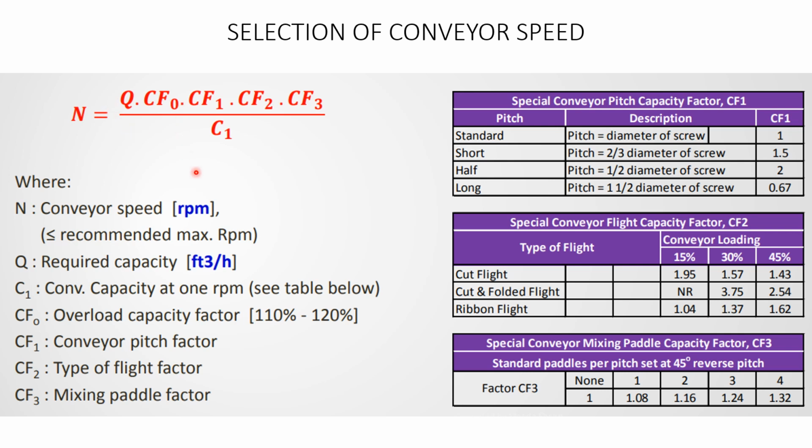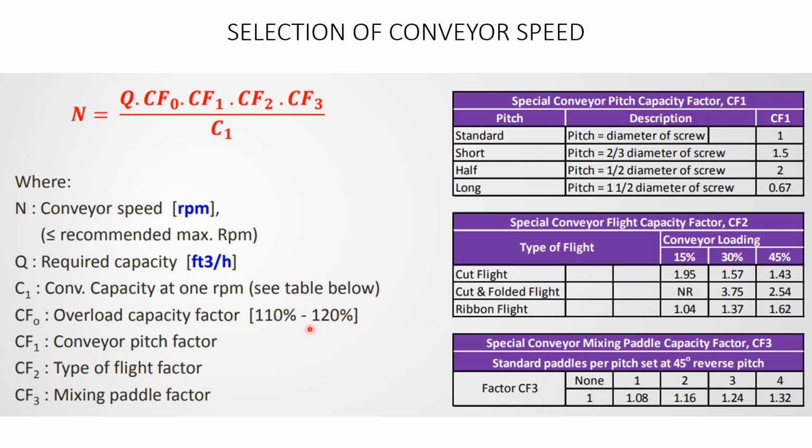So CF0 is a design factor. Whenever we are designing a conveyor, we always take some percentage of design factor. We can take from 10-20%. Okay, so limit it to 20%. Don't take more than 20%, or else your cost of conveyor will be higher. If you have a proper design, limit it to 20%, not more.